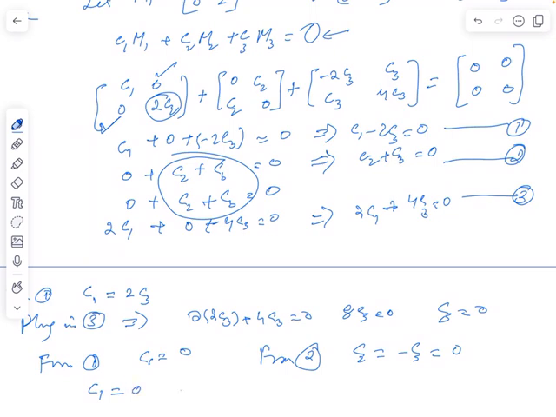Now, the last example is about polynomials. So we are given 3 polynomials. Let me rewrite them over here.